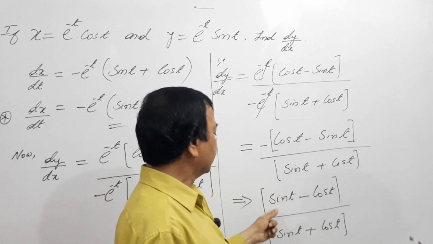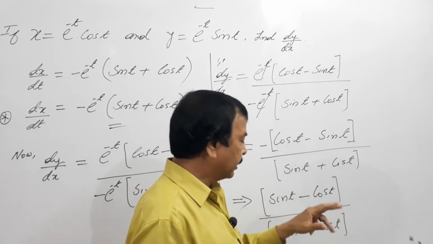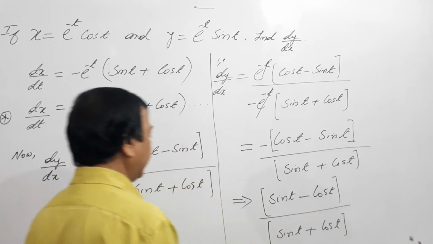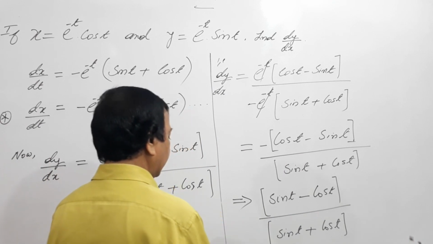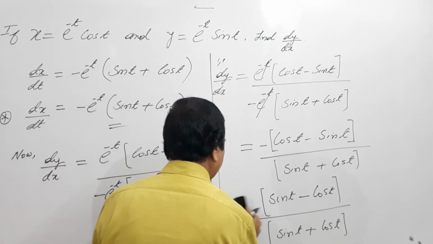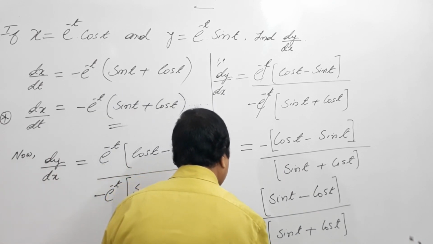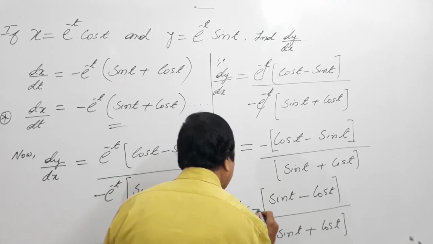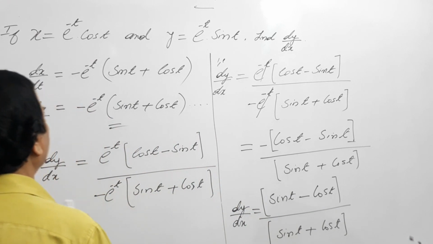So that becomes sin t minus cos t divided by sin t plus cos t. This is our dy by dx. I will write this: dy by dx equals this.